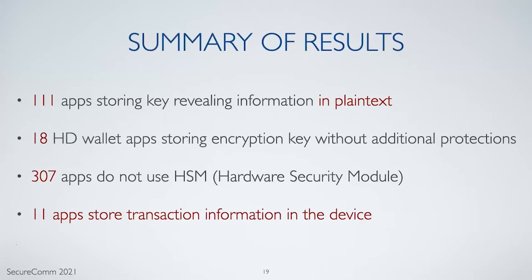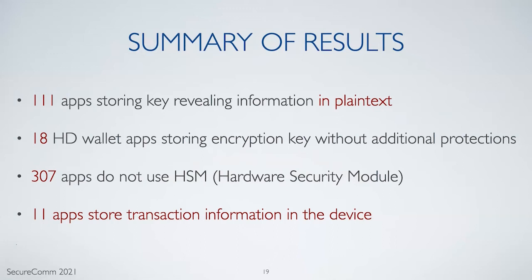I will present some important results we have found through our analysis. We found 111 apps are storing key revealing information in plain text. 18 HT wallet apps are storing the encryption key without additional protection.